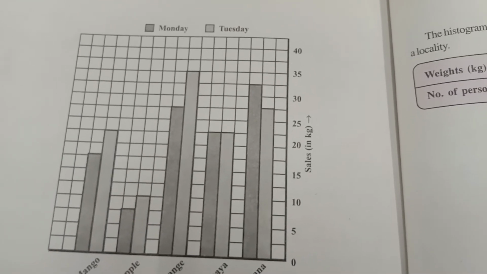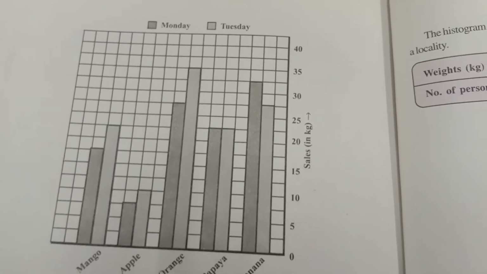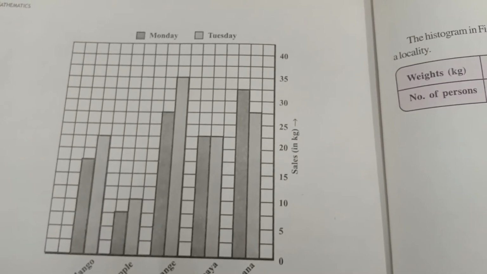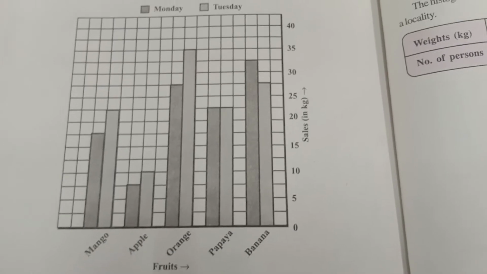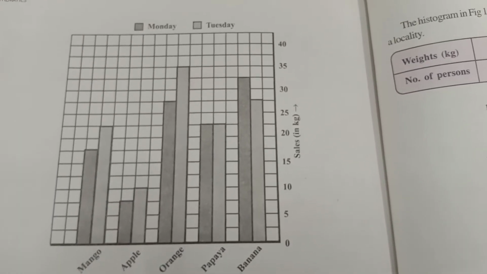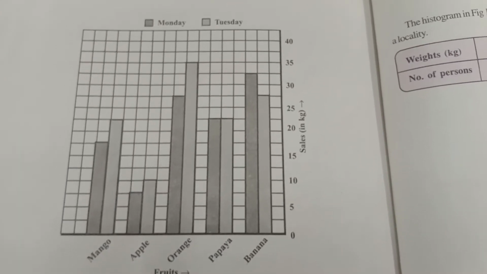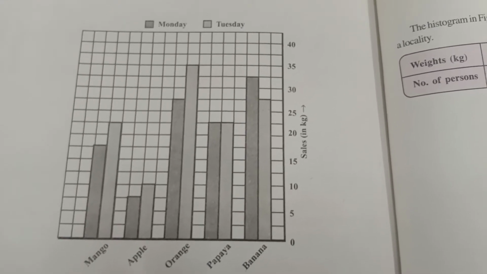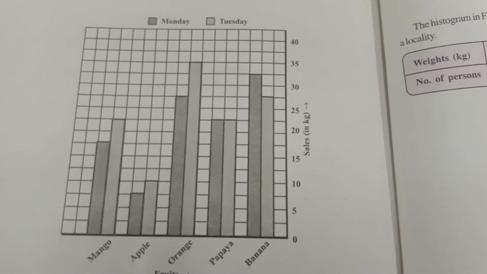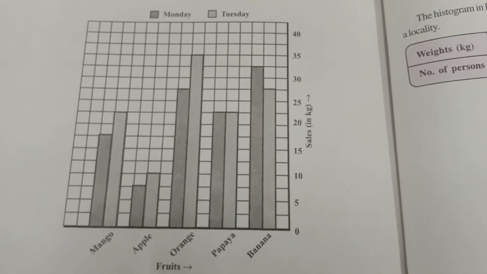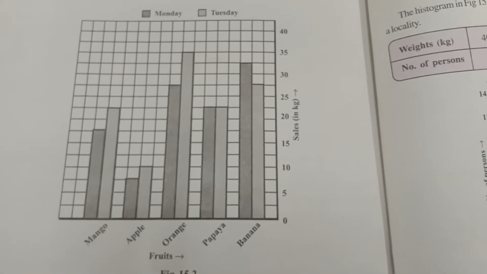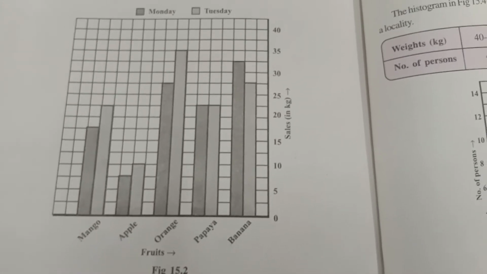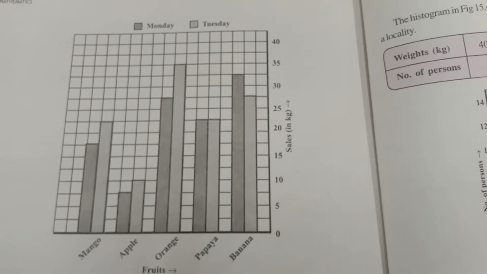The shaded bar gives you the sales on Monday, and the thin one gives you the sales on Tuesday. So for mango on Monday 17.5 kgs were sold, and on Tuesday 22.5 kgs were sold. Like this we can compare the sales of different kinds of fruits on Monday and Tuesday.